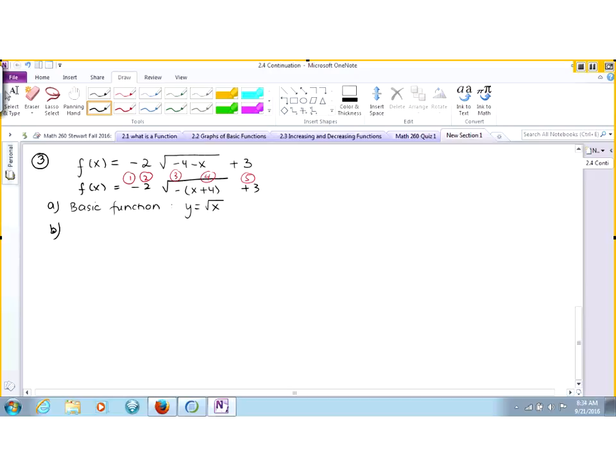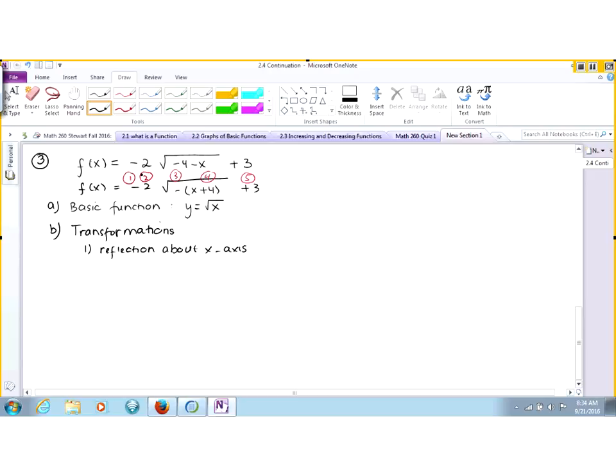All right, so basic function is y equals square root of x. Good. So what are the transformations? So remember, negative doesn't make a compression. What does negative do when we're doing transformation? Reflection, yes. So reflection about, which one is this one?